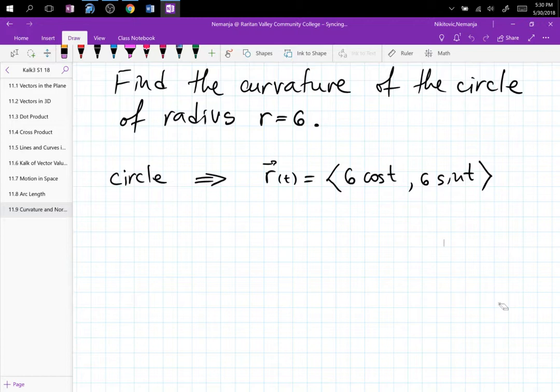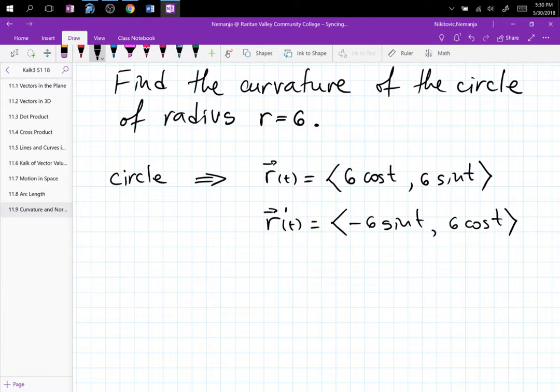Now, clearly, in application, that's important, right? Which way will the helix spiral up? Is it going to spiral up this way, or that way? That's just a matter of what's first, sine or cosine. So once I have that, I can find r prime immediately, because we are going to need that, and that's going to be negative 6 sine t, and then 6 cosine t. We also need the unit tangent vector, which is r prime divided by its magnitude.